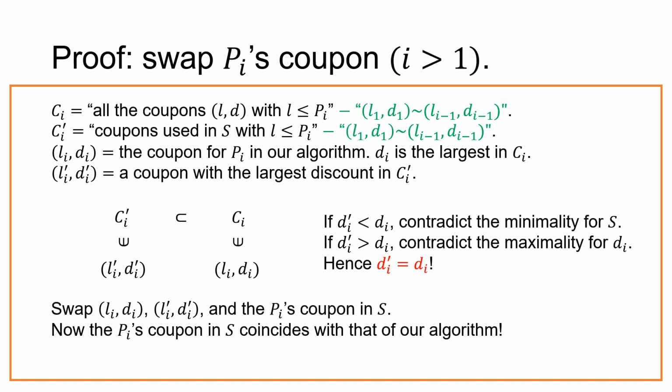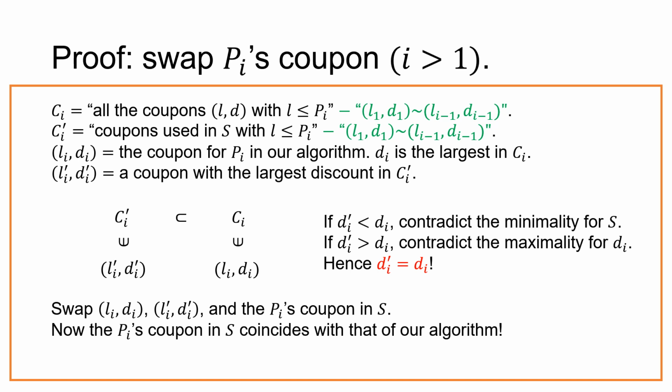With slight modifications, we can apply the same approach to changing the coupon for Pi in S to that of our algorithm. Ci and Ci' are like C1 and C1' respectively, but remove coupons from (L1, D1) to (Li-1, Di-1).